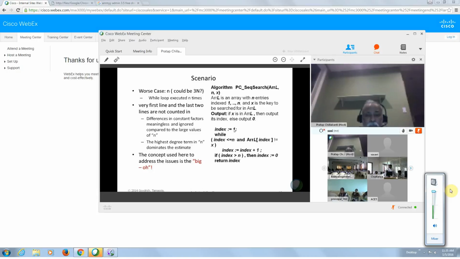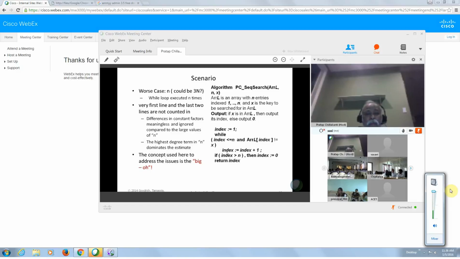So we start with index 1. Now, obviously, since you're computer science guys, you know that our indices start at 0 in C, C++ and all that, even though the example says 1. I think it's index 1 only if you use Pascal. So what are we trying to do here? While index is less than or equal to n, because it's an n element array, I have to go through all the elements, and at each array index you check if it is not equal to x.